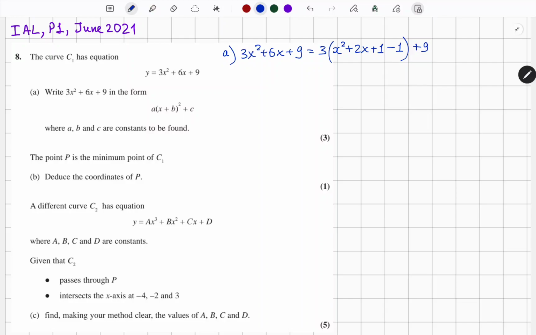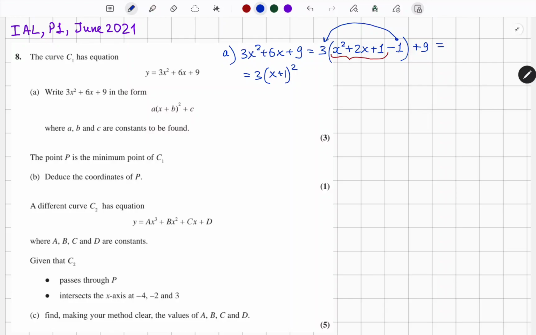And then we add 9 outside the brackets. This is equal to 3 times the bracket, and I'm sure this is a full square. Of course, it's x plus 1 squared multiplied by 3. Then don't forget to multiply the -1 by the outer factor of 3, because it's a common mistake made by students.